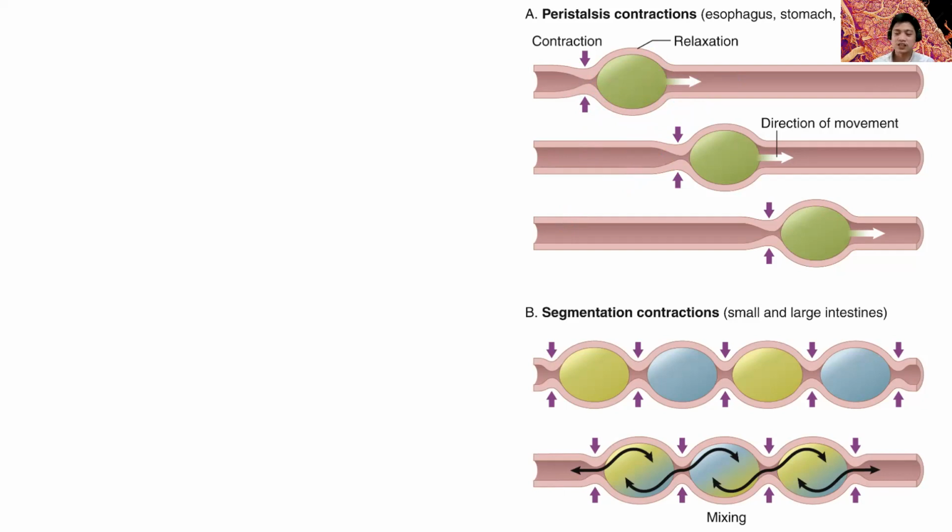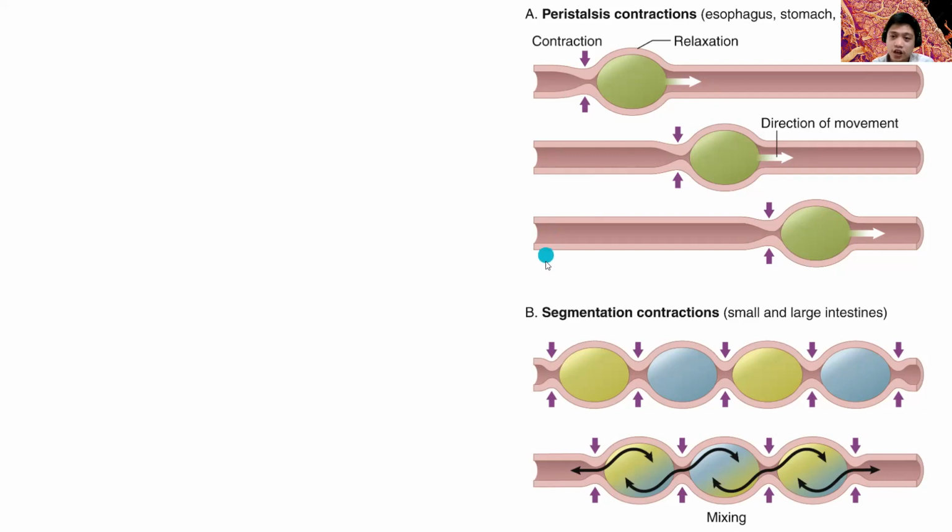So that is number 1, the direction is ab-orad, and number 2, you have a contractile ring proximal to the bolus and receptive relaxation distal to the bolus. Those two components make up the law of the gut.